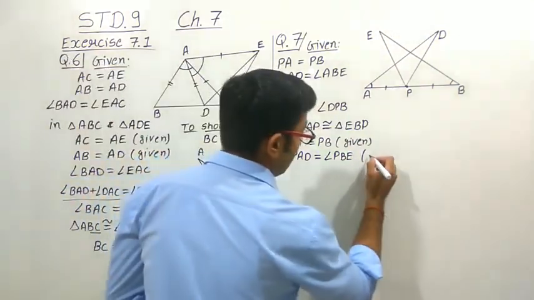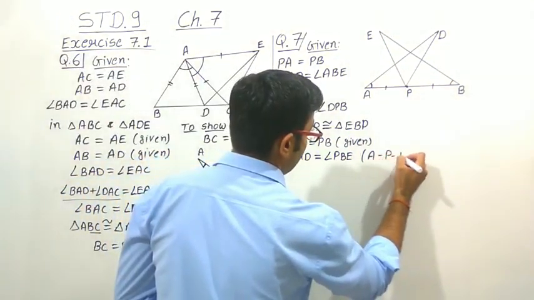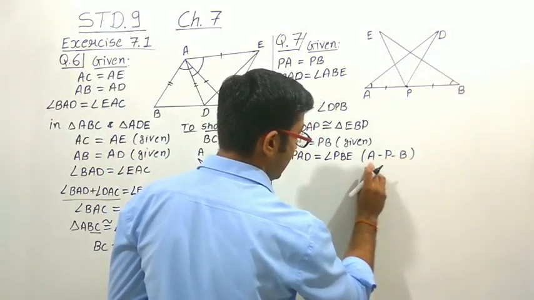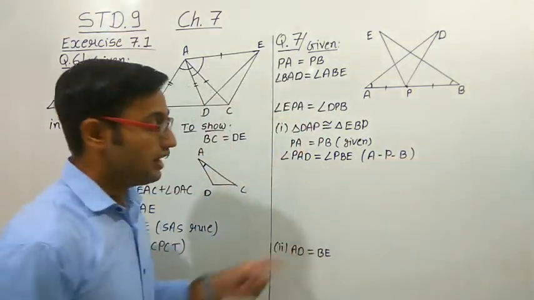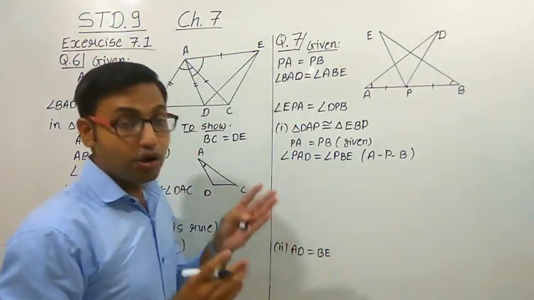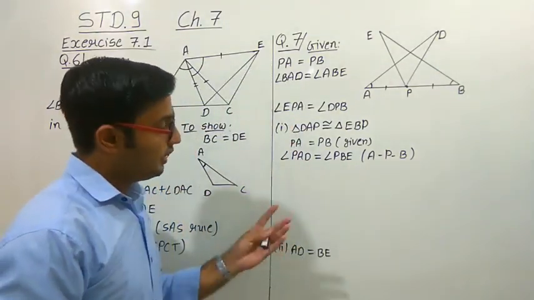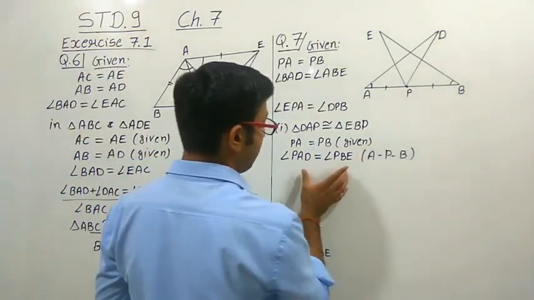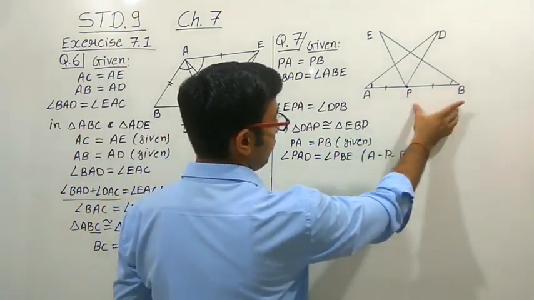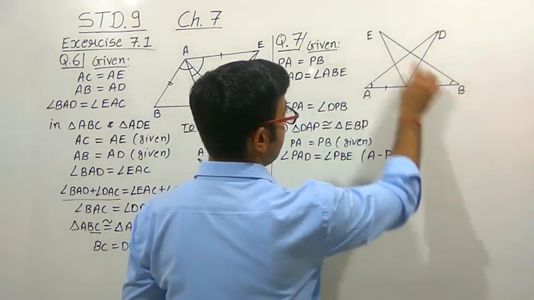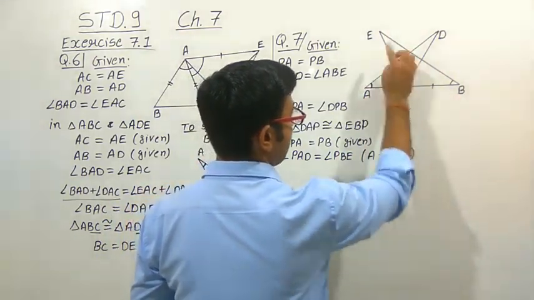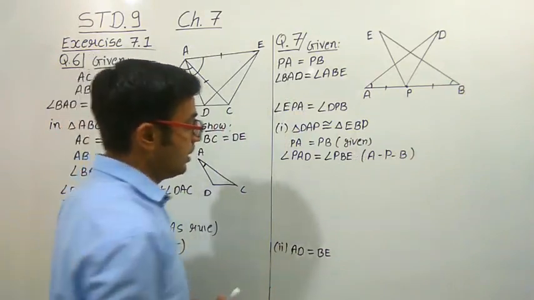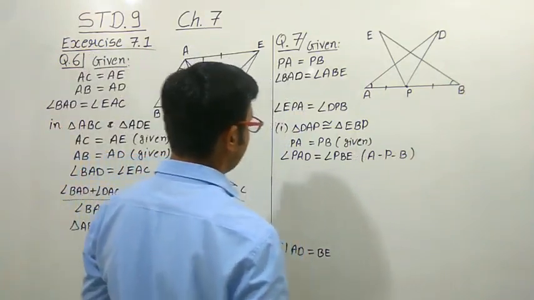That is A, P and B. The meaning is that A, P and B are collinear, right? So we can write this as A, P, B are collinear. Instead of writing ABE, we can write PBE, because angle B is not changing. So two conditions till now we have here.